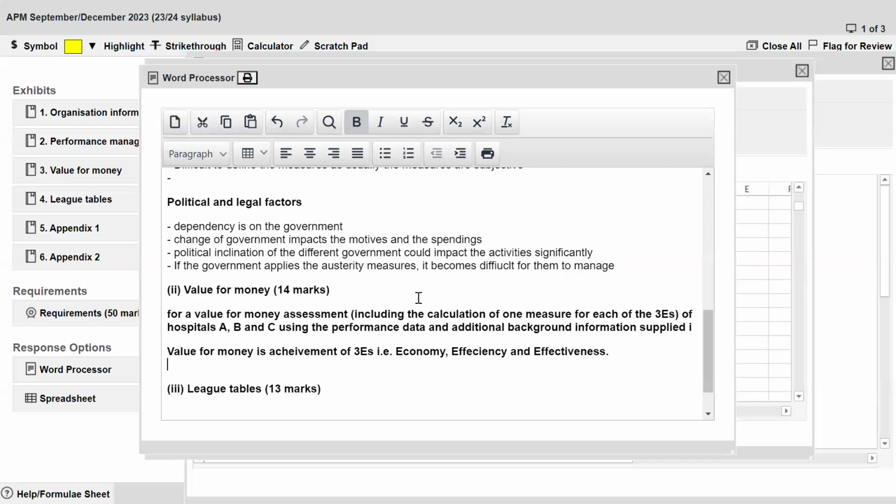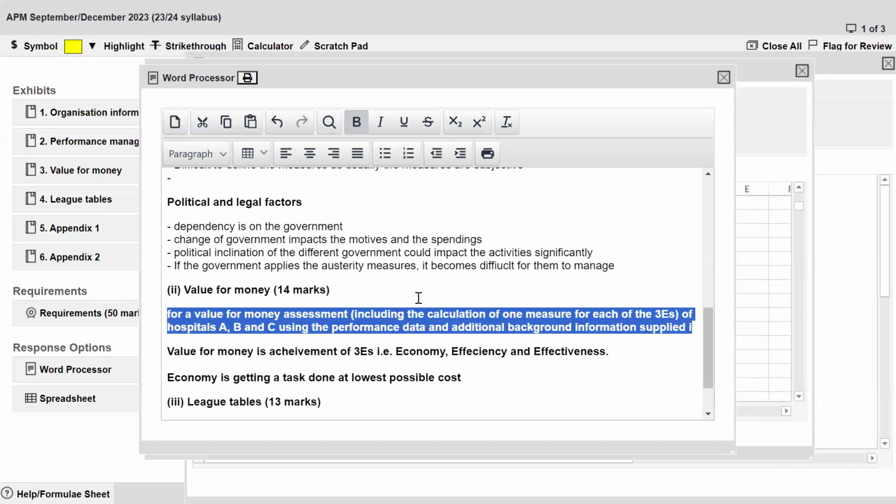Now, you will explain what economy is. Economy is getting a task done at the lowest possible cost. That is what is considered to be economy.